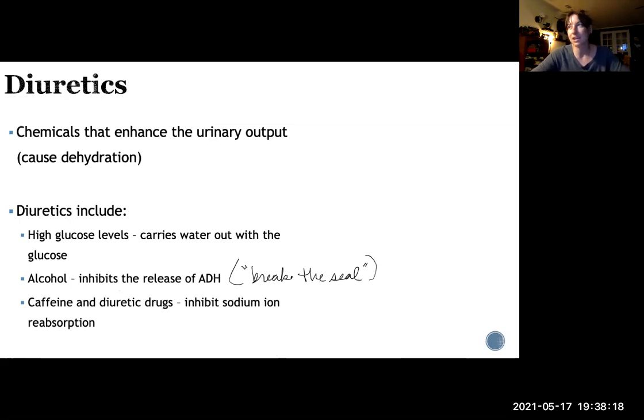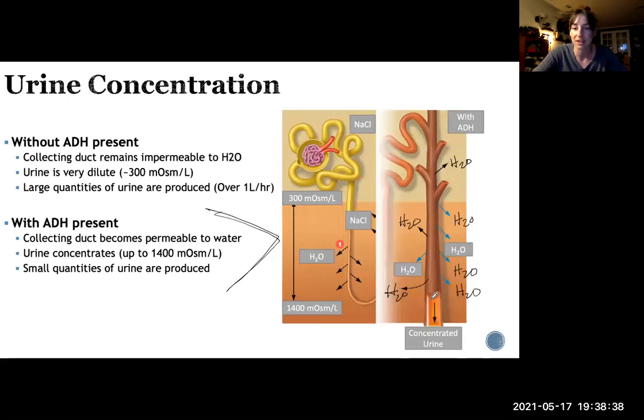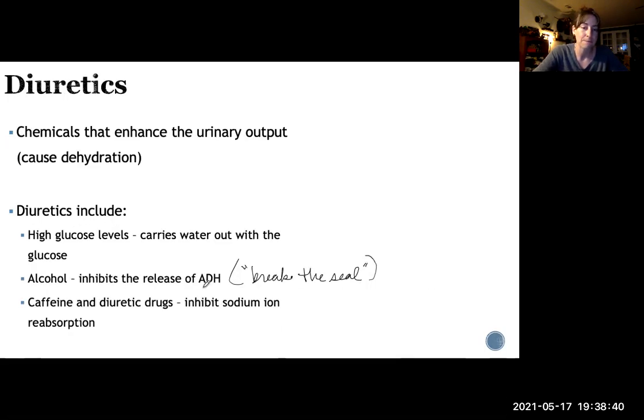It's not because you broke the seal. I'm not even sure if that's really a thing, but drinking alcohol makes you have to pee because it inhibits your antidiuretic hormone, which causes your collecting duct to not reabsorb water. Therefore, all of the water gets peed out. It stays in the nephron and it gets peed out.